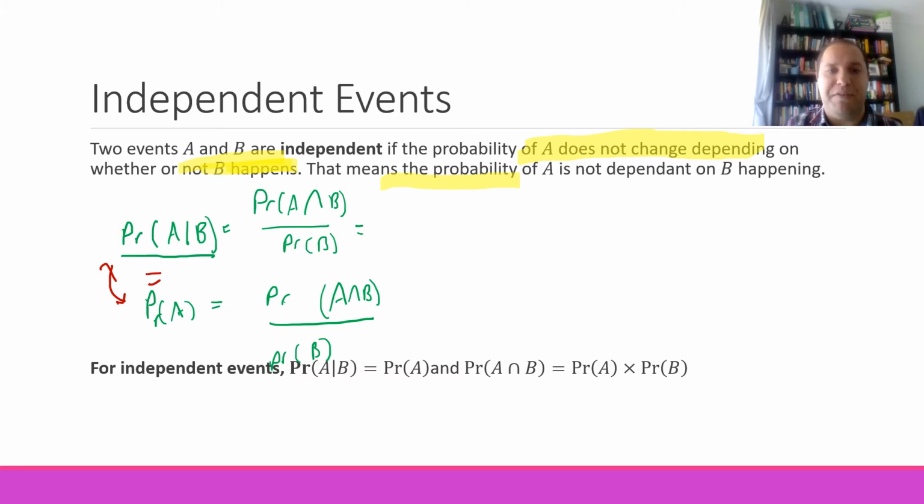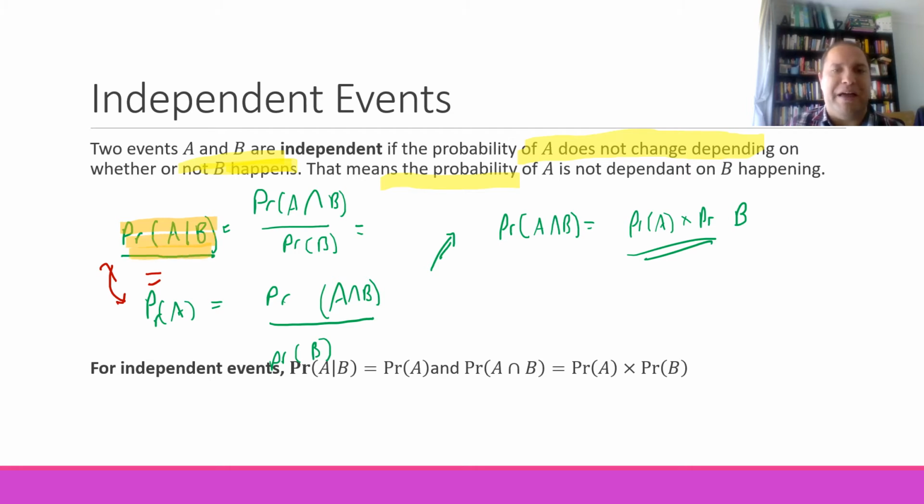So rearranging that further, the probability of A intersection B will equal the probability of A times the probability of B. And so here we actually have two formulas that we can use to describe or prove independence. We have this first one, that's just straight from our definition.